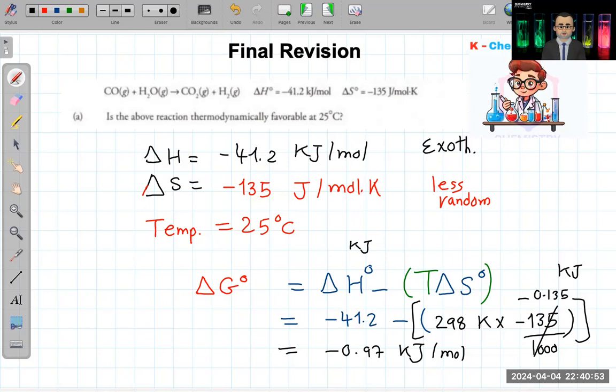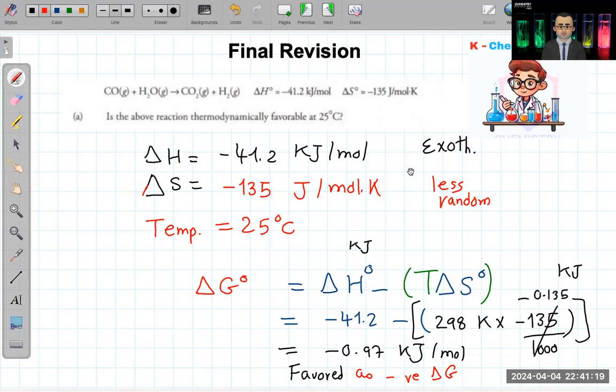How did you know it's favored? Because it is a negative delta G. That's all we need to do: put delta G equal to delta H minus T multiplied by delta S. Then you found that it is equal to negative 0.97.